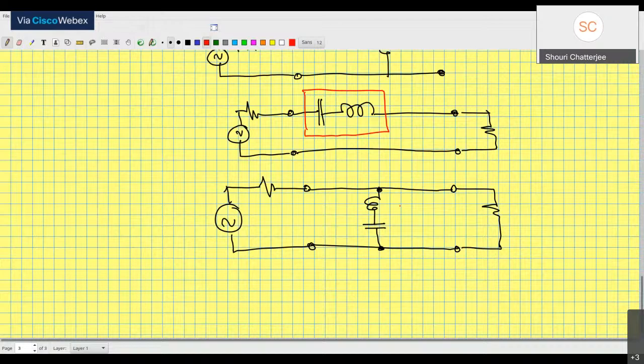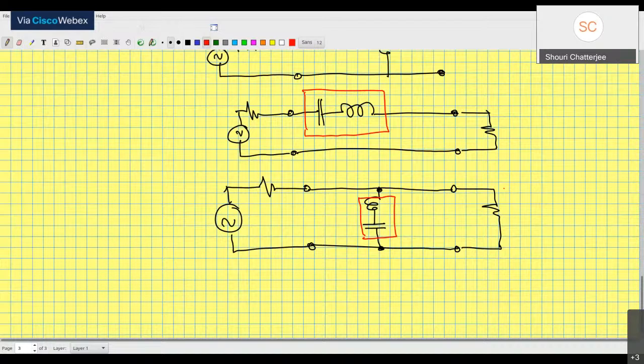So it's as if this branch does not exist and everything passes through. At high frequencies, the inductor is an open circuit. So it's like this inductor does not exist. Everything passes through. But there will be some frequencies in between where this will behave like a short circuit. And at that frequency, there is no voltage across the load. All right, so that's a band stop circuit, a band stop filter.